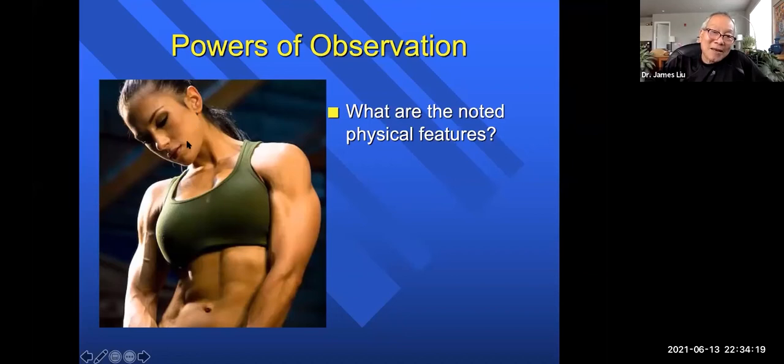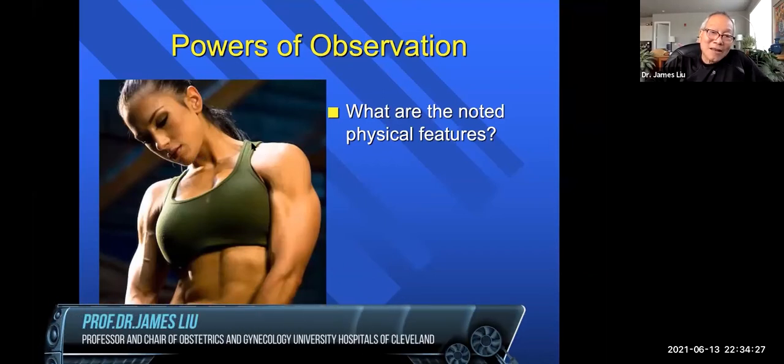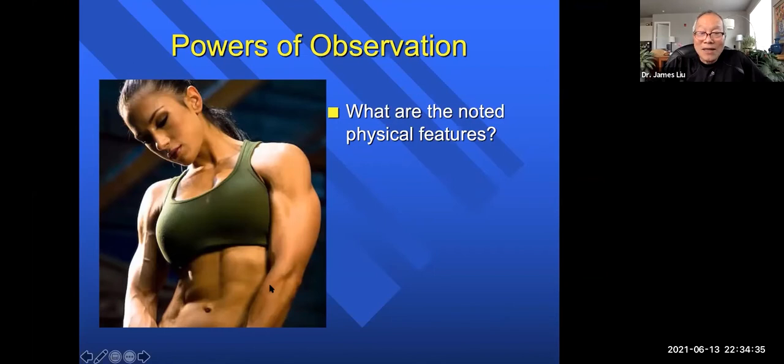I don't know if she shaved or used some sort of depilatory on her face, but I would expect some increase in facial hair. The shoulders are not rounded, they're very, very square. So this individual is using anabolic steroids in addition to weight training. And so this is a bioassay for excess, an extreme example, excess of anabolic steroids.